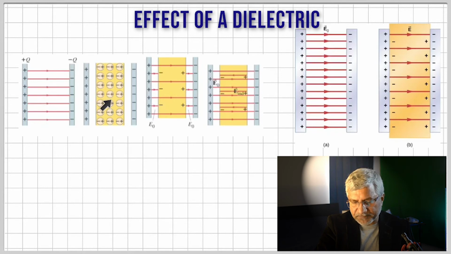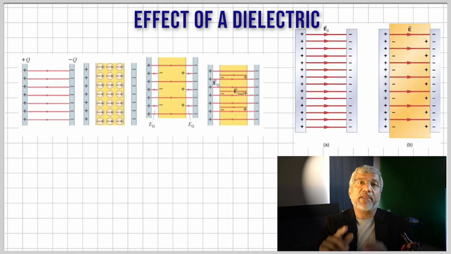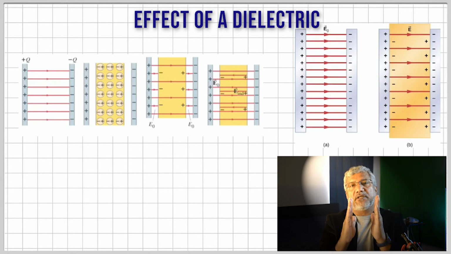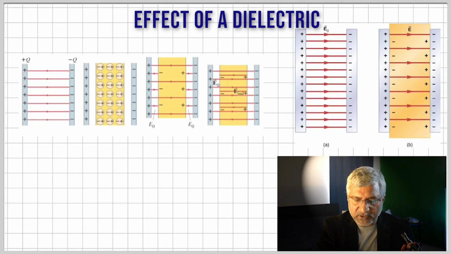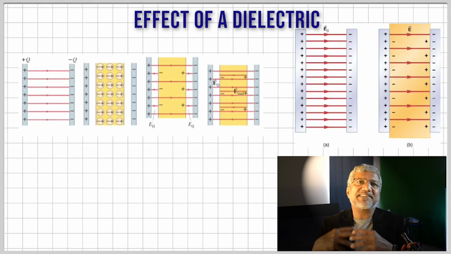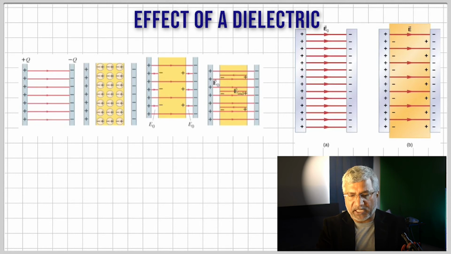So what happens is, inside the dielectric, it cancels out because this positive cancels out with the neighboring negative, and this positive with that other negative. But it leaves uncancelled charges on the outer surfaces. So here you would have a negative lined up, and you would have a positive, and there's nothing to cancel it. That means that sets up a field which is exactly opposite to the applied field.